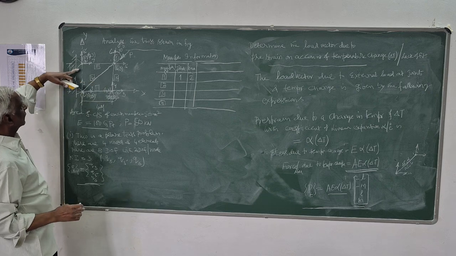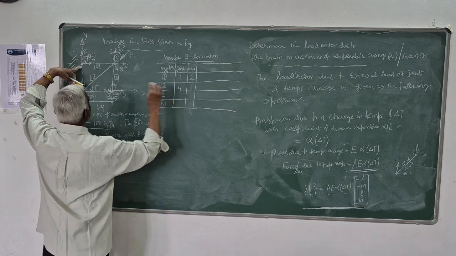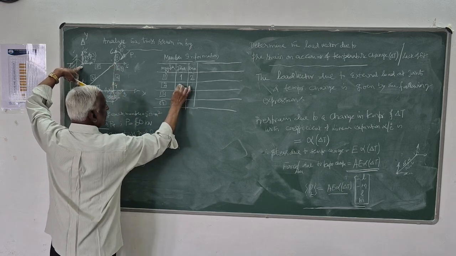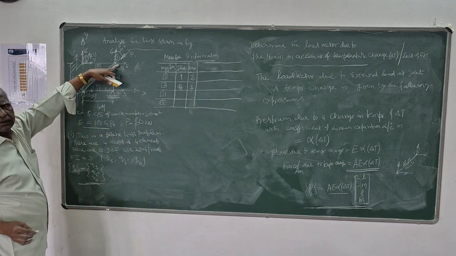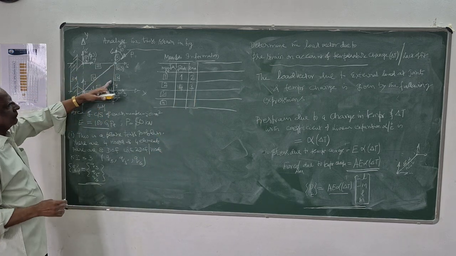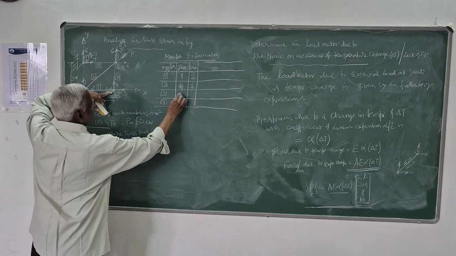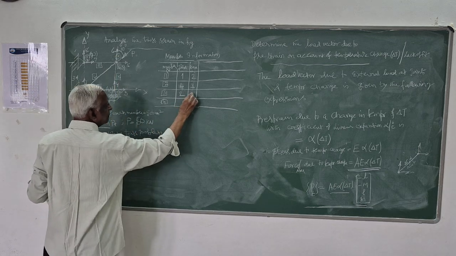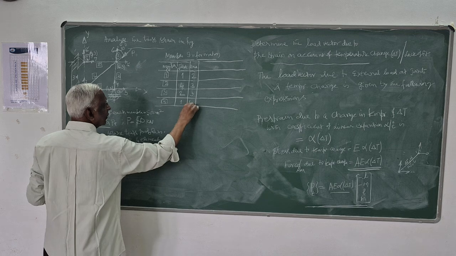For member 2, Jn you can take as 4 and Kn as 3. Similarly for member 3, Jn you can take as 2, lower, and Kn as 3, upper. Then member 4 is 1, 4.